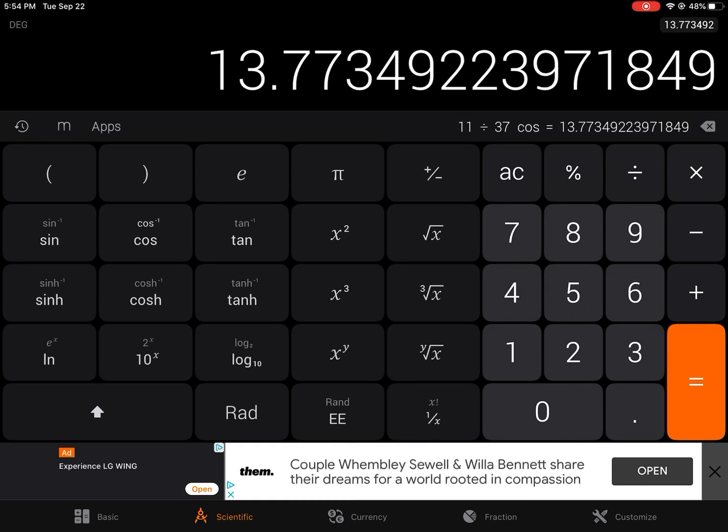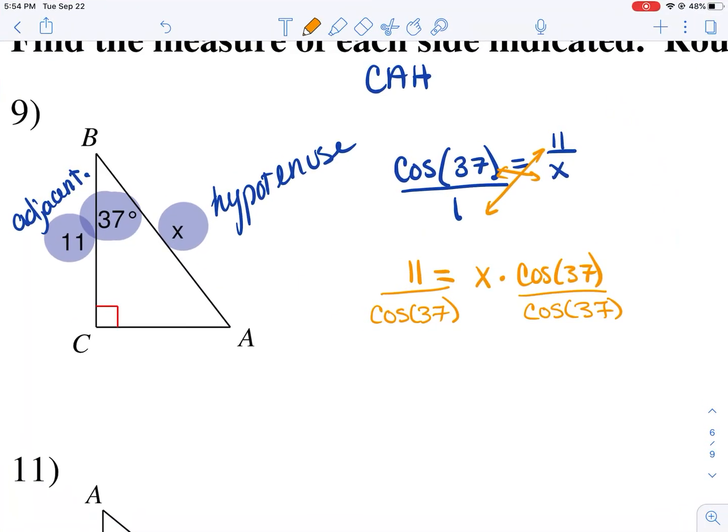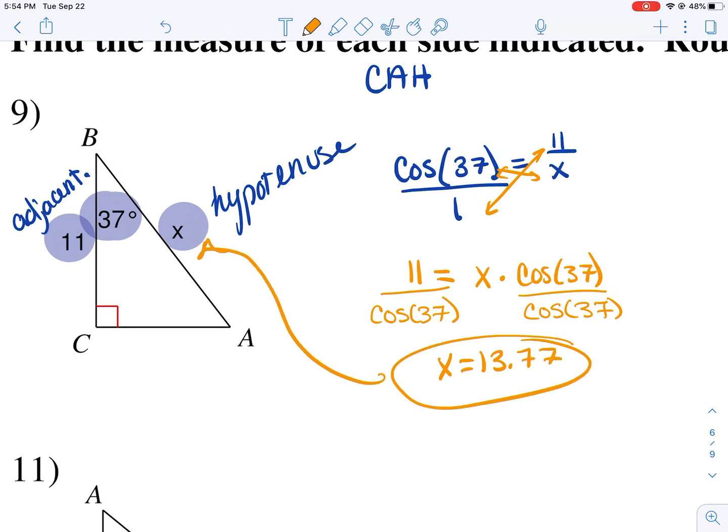And that gives us 13.77. So x is equal to 13.77. You want to check and make sure that makes sense. The hypotenuse has to be the longest side of the triangle, so if you got a number smaller than 11, then you're incorrect, okay? So I think those are two good examples to get you started.